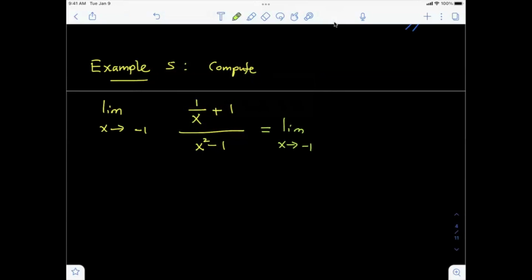Plug this value, x equals -1, at the top and the bottom, and see it for yourself. When you plug it at the top, even though there's a fraction, you will end up getting -1 plus 1. It's going to cancel with each other. And at the bottom, it's going to be just -1 completely squared, which is going to be +1, divided by +1 minus 1. That would be 0. So you end up getting 0 divided by 0.